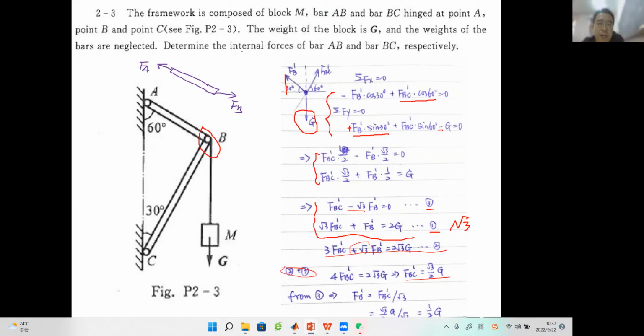So what is internal force? Actually, this concept will be used next semester. We also have engineering mechanics second, another course. Maybe the teacher will also be me.